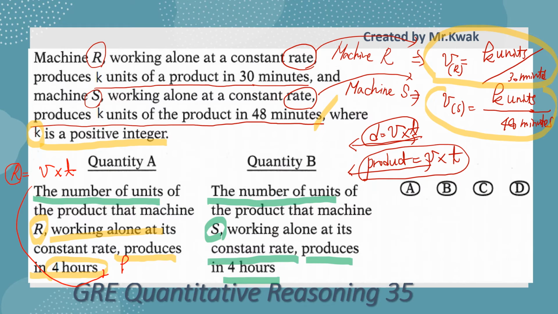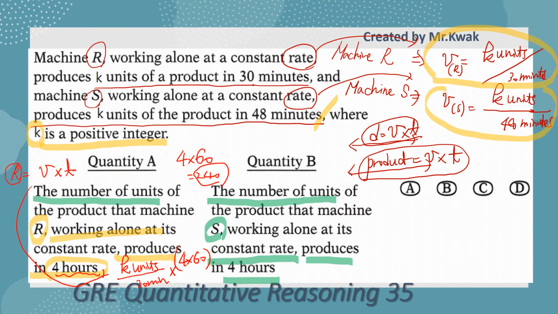So in other words, we already found out the velocity, K units per 30 minutes, multiplied by time, which is 4 hours. But 4 hours is 240 minutes.